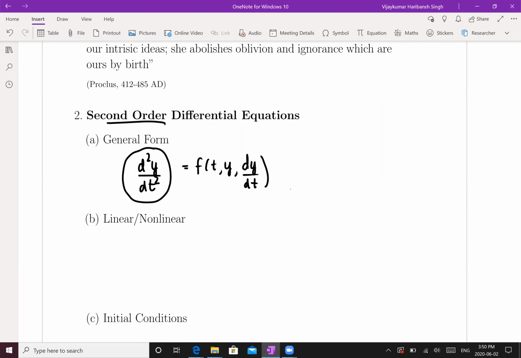Now, when is this second order differential equation linear?